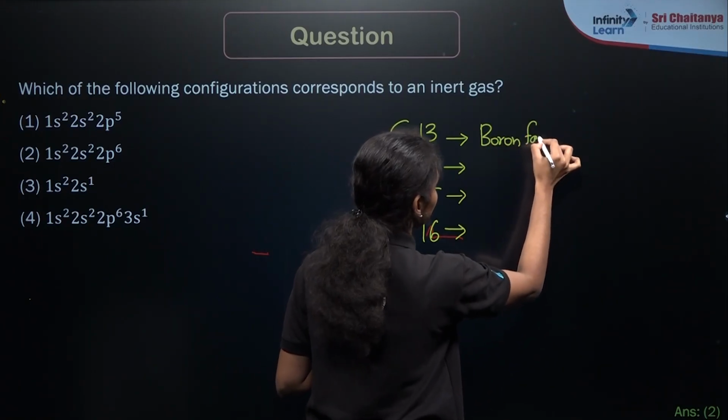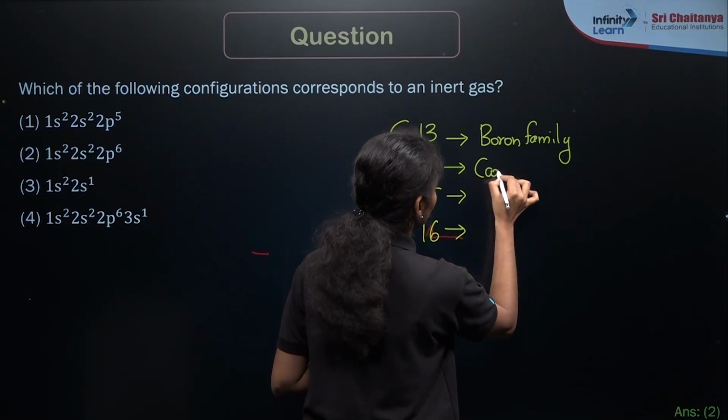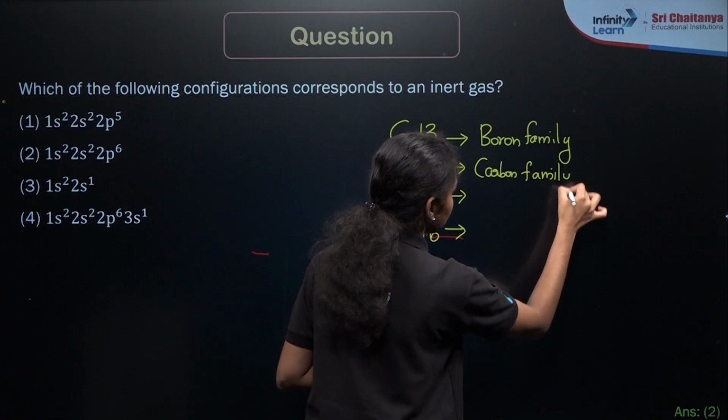There are special names for these groups. This is the boron family, this is the carbon family, and this is the nitrogen family. Otherwise, it is also known as the pnictogens.